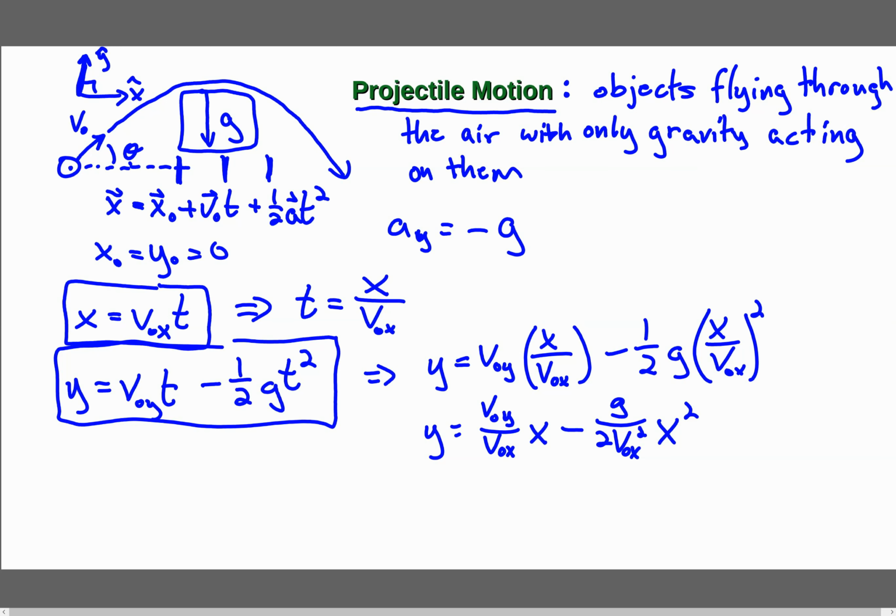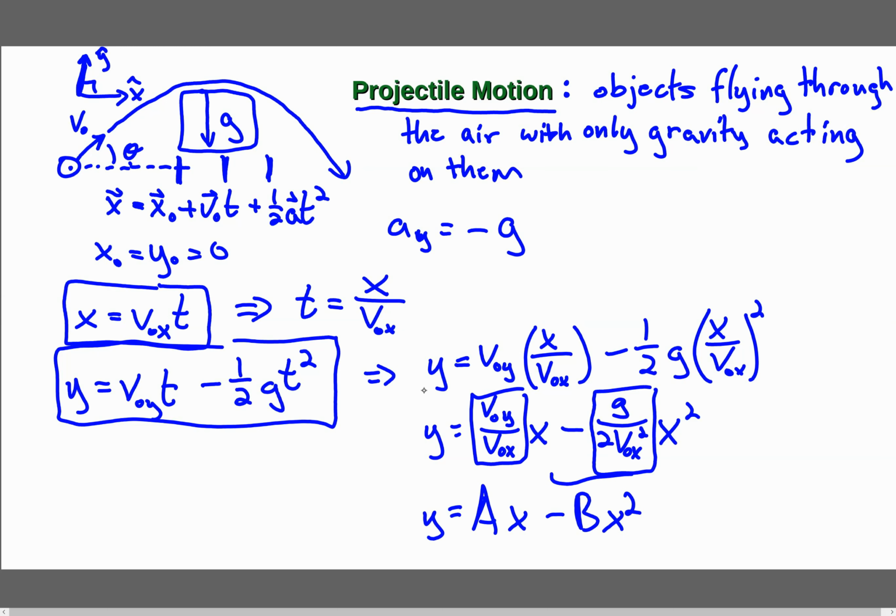Okay? And then let's replace that one more time. Let's call this piece, that's just some number, a times x. And then minus this piece, again, that's just some number, we'll call it b times x squared. And this equation right here is the equation of a parabola.